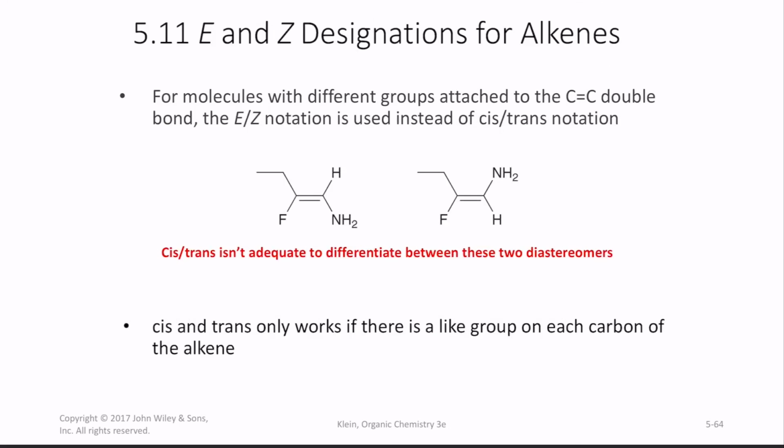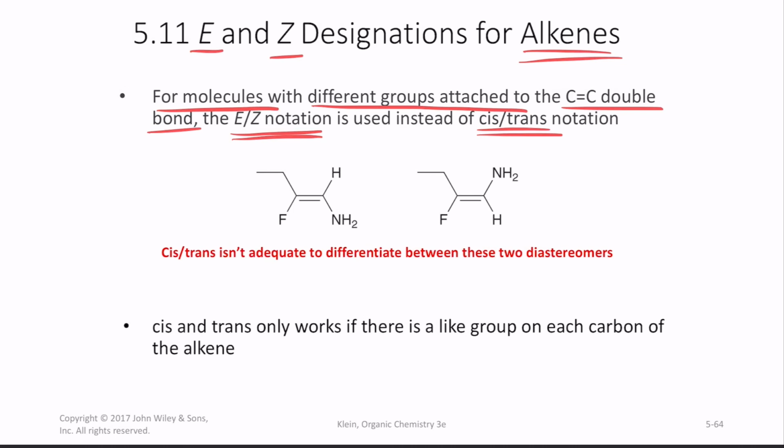So let's look at the last designation, the EZ designation. We use this for alkenes. Remember that EZ designation is something we only use for double bonded carbons. For molecules with different groups attached to the C double bond C, we use the EZ notation instead of cis-trans notation.